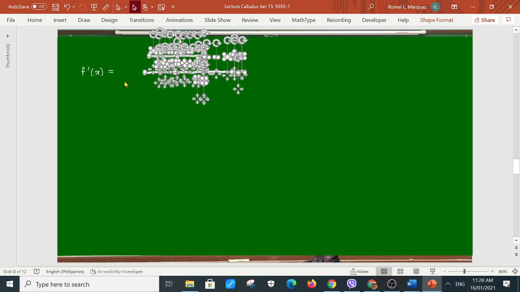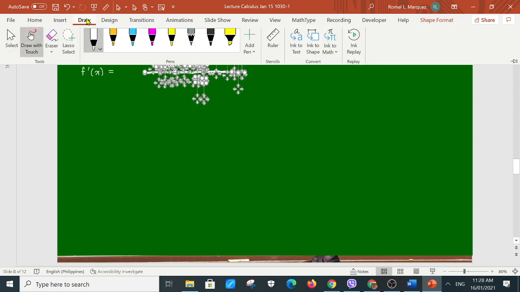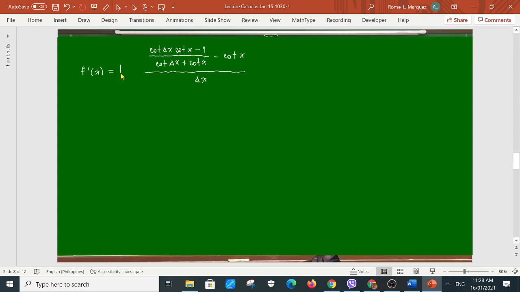We have the limit as delta x approaches 0. Let's simplify. Multiply both the numerator and denominator by this LCD. When I multiply that, what will happen in the numerator?